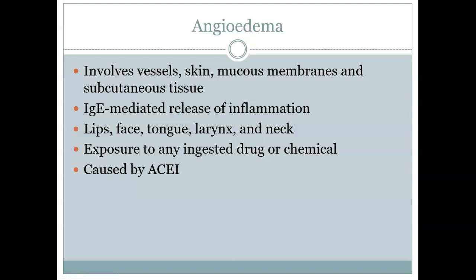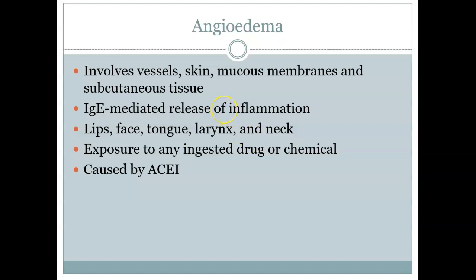Angioedema is a term for when the patient has a severe type 1 reaction. It involves the vessels, the skin, the mucous membranes, the subcutaneous tissue, and it's just an exaggerated form of the hypersensitivity reaction. It's when IgE is released, causing inflammation.